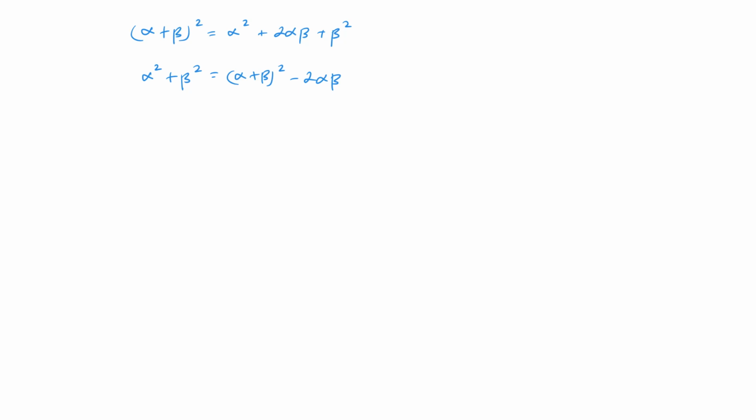Now there is another one that is quite common, and that would be using alpha plus beta cubed. Okay, so alpha plus beta cubed gives me alpha cubed plus 3 alpha squared beta plus 3 alpha beta squared plus beta cubed. Something you can do by expanding brackets, or you can learn this.